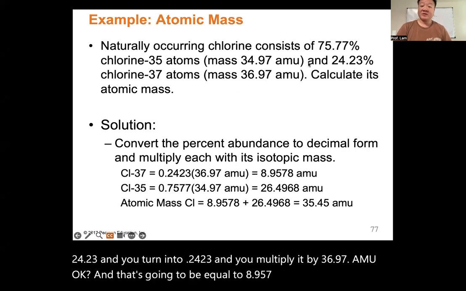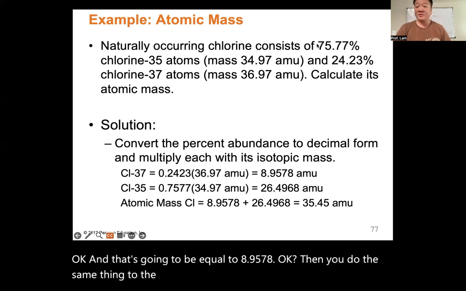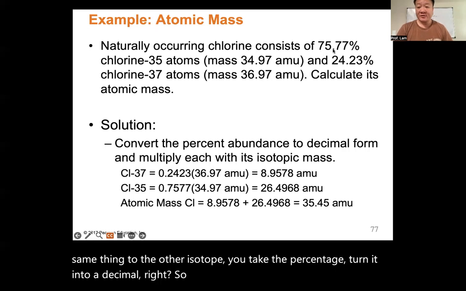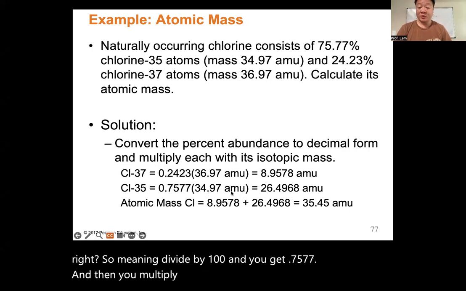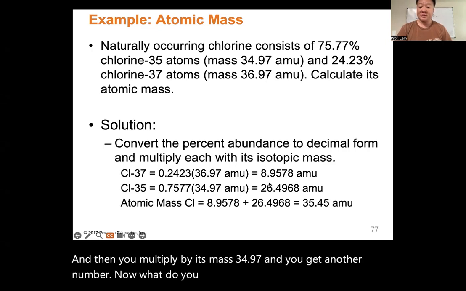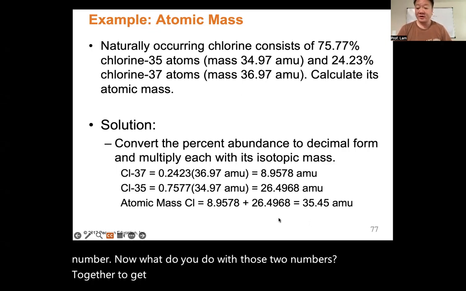Then you do the same thing to the other isotope. You take the percentage, turn it into a decimal, meaning divide by 100, and you get 0.7577. Then you multiply by its mass, 34.97, and you get another number. Now, what do you do with those two numbers? You add them together to get the atomic mass of chlorine.